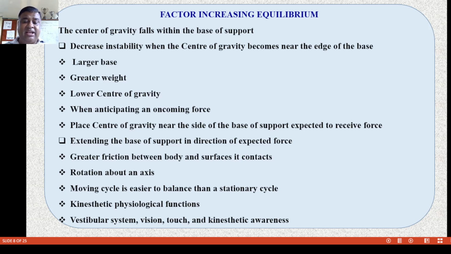Next is extending your base of support in the direction of the expected force. Under this, there is greater friction between the body and the surface when it comes in contact. Rotation must be about an axis, making it easier for the cyclist to balance in a stationary position. Then kinesthetic physiological functions, and next is the vestibular system, along with vision, touch, and kinesthetic awareness.